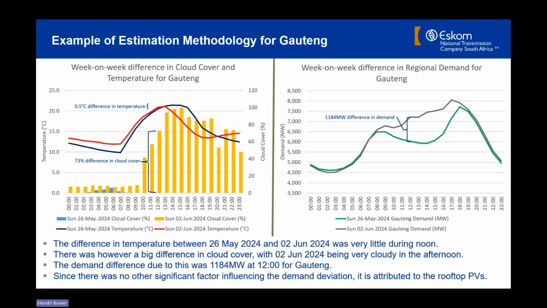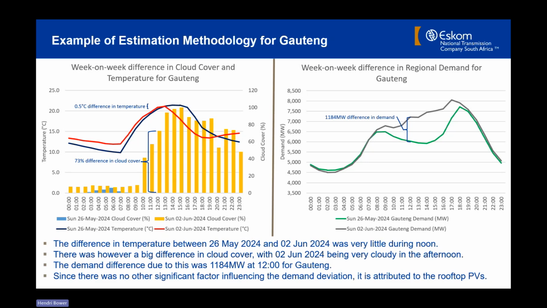So in other words, the amount of energy lost by rooftop PV that we needed to generate more, specifically in this example for Gauteng, is the amount of generation that we could have received from the rooftop PVs had there been no cloud cover. And that, I believe, is quite an excellent way of looking at this.